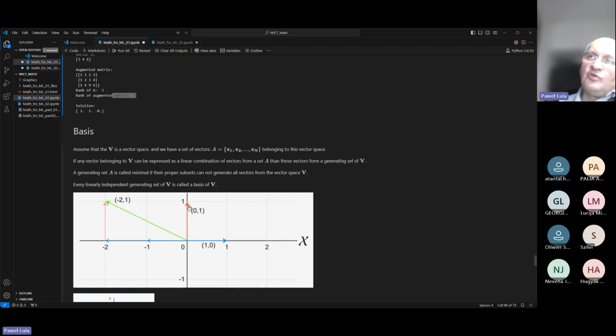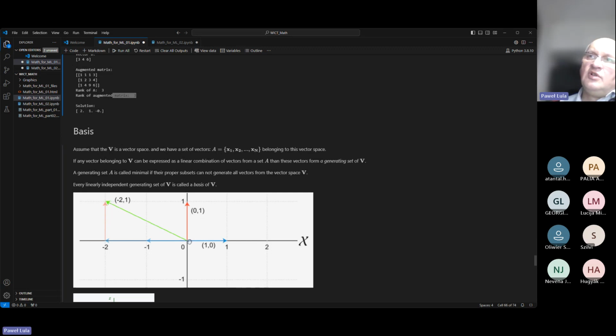In this example, we have these two vectors, this red one and this blue one, which can be used for generating any vector which you have in this vector space. So it is possible to create any vector. For example, I'm going to use these two vectors for creating this green vector.